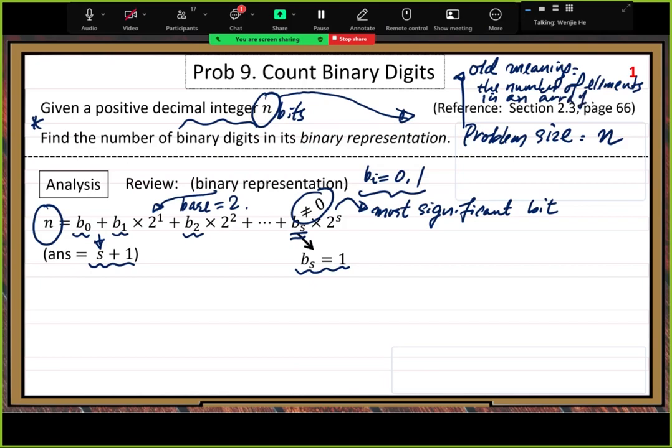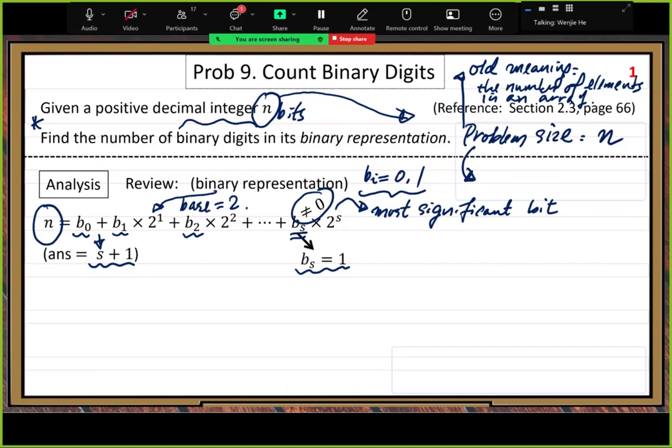That's the old meaning. But here the meaning is different. Because here we only have one number. We are given only one number. So here the problem size is not the number of elements in the array. We only have one number. So the meaning of the problem size here changes to a different meaning.